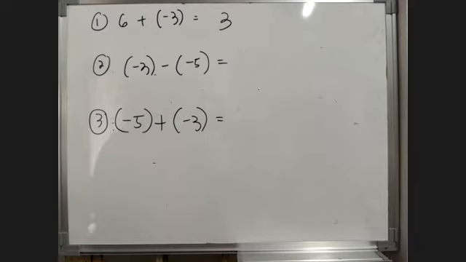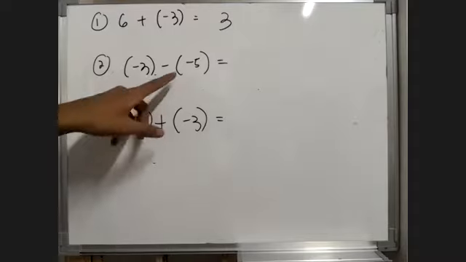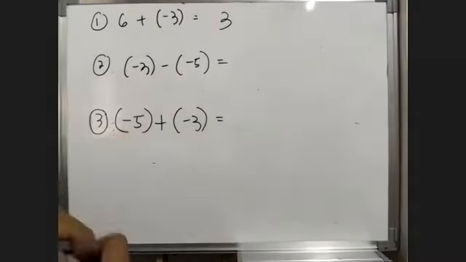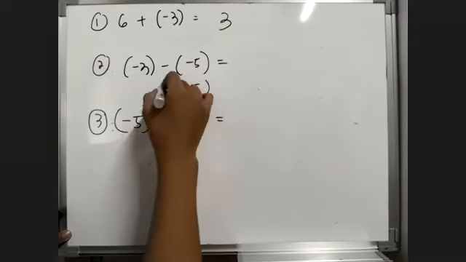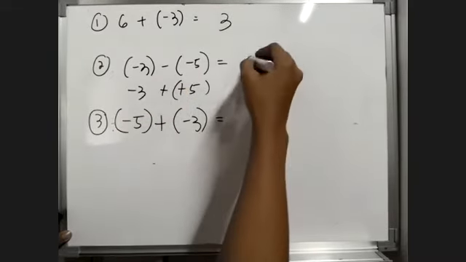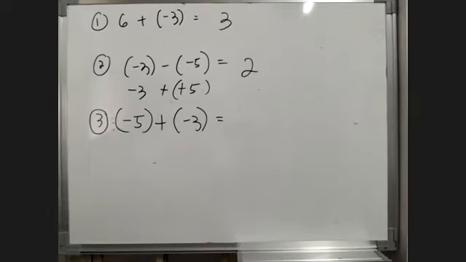Sasagot daw si Bien. Ano sagot? Positive 2. Oh, kada pag subtraction, change the sign of the second number kaya magiging positive 5. Then we proceed with addition. Different signs, so we have positive 2. Very good.